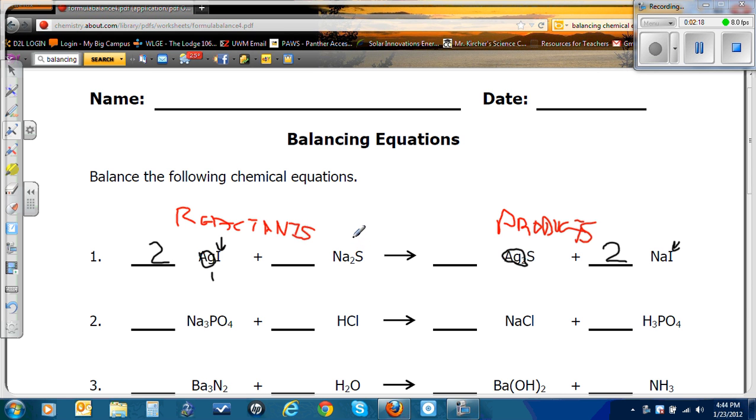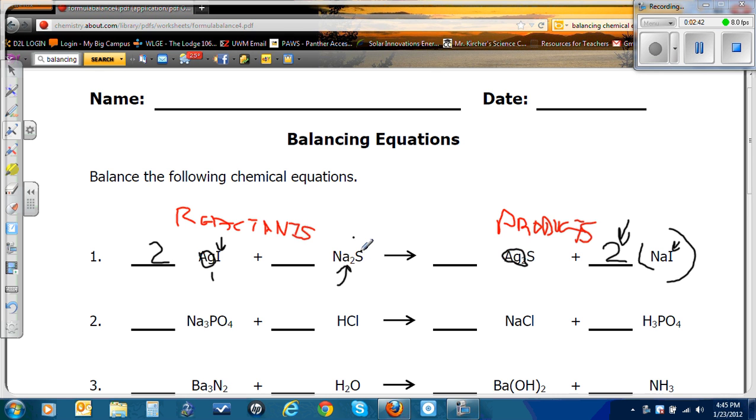The subscript indicates that I have 2 parts sodium. On the product side, I now have 2 parts because of this coefficient of 2. This 2 is applied to this whole compound. All right, so 2 parts sodium.